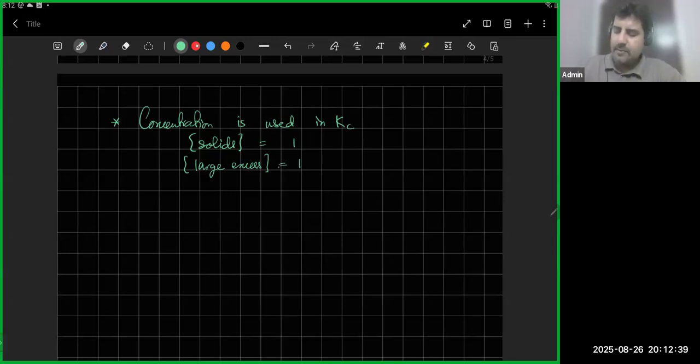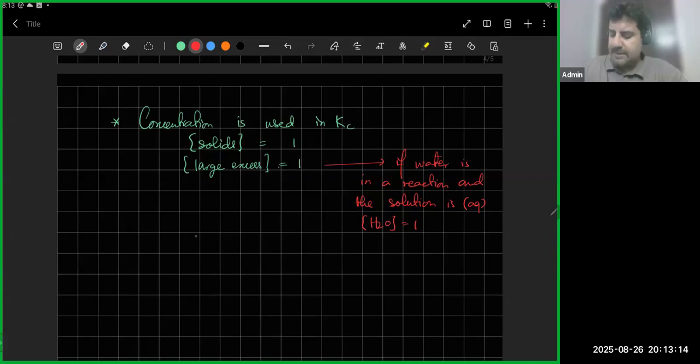So normally, if you have water present in an equation, so if water is in a reaction and the solution is aqueous, what you do is that water's concentration would be taken as one as well because it's going to be in large excess.